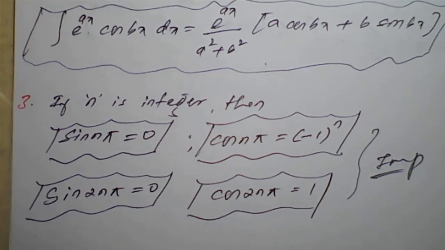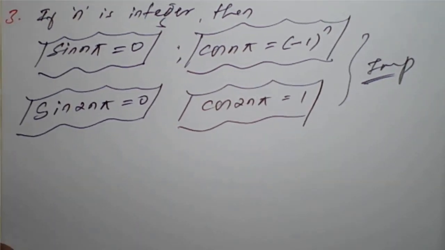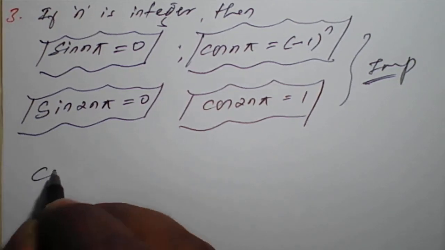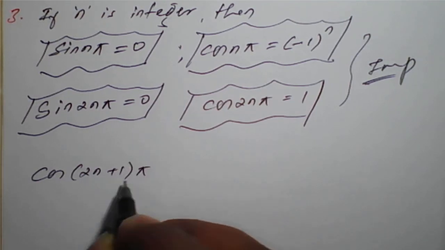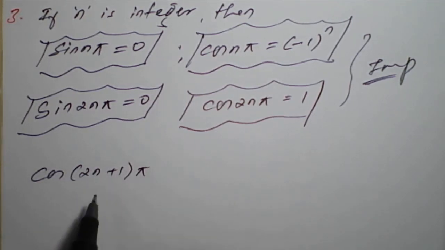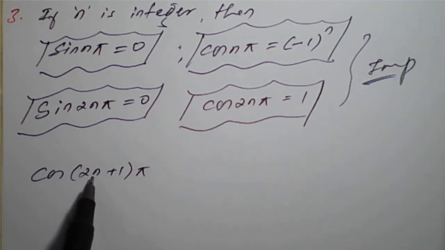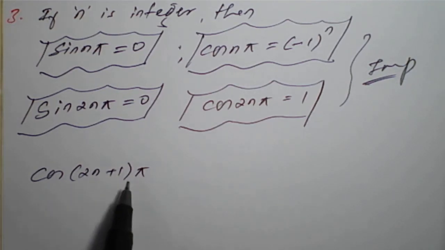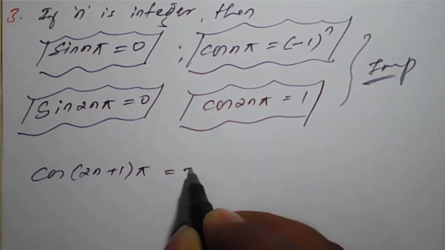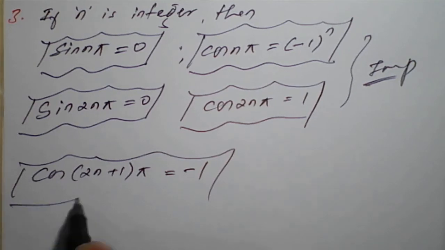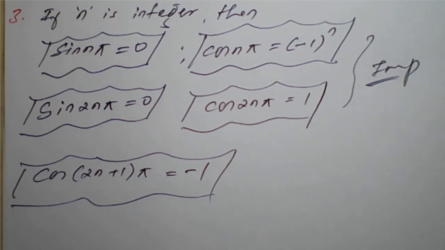You need to remember this, and in general, cos of (2n plus 1) pi: if n takes 0 it will become 1 into pi, if n is equal to 1, then 2 plus 1 is 3 pi. So all odd multiples of pi, cos of odd pi, always it will become minus 1. You need to remember these cases while simplifying the problems here.